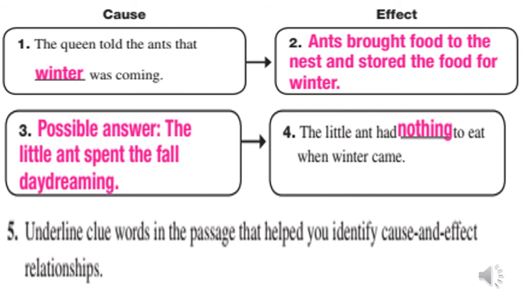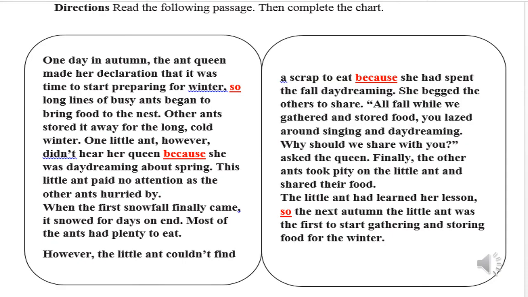The little ant had nothing to eat when winter came. Number 5. Underline clue words in the passage that help you identify cause and effect relationships. And the clue words are underlined in the next slide. So the clue words are so, because, and so.